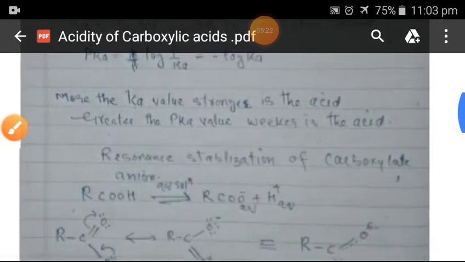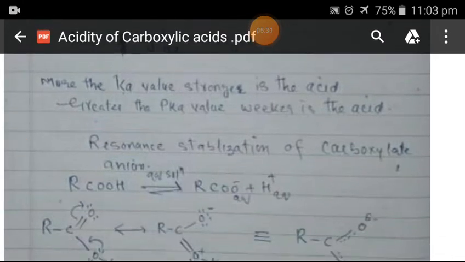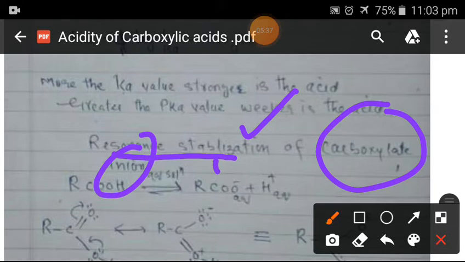So how does this carboxylic acid show acidic nature? It is because of the following factors. First is the resonance stabilization of the carboxylate anion which is formed during the reaction. This carboxylate anion is stabilized by resonance.